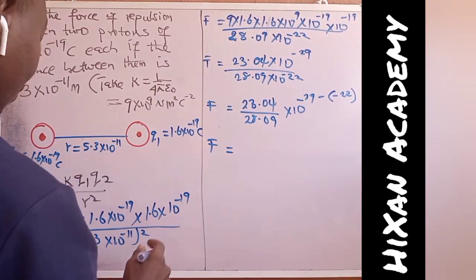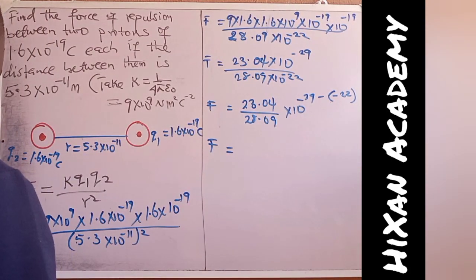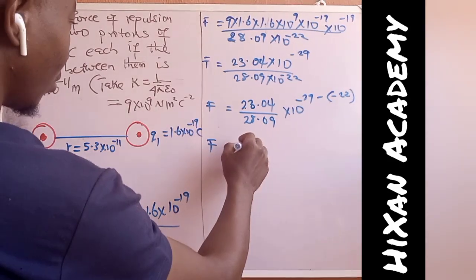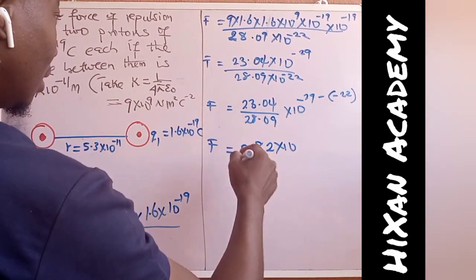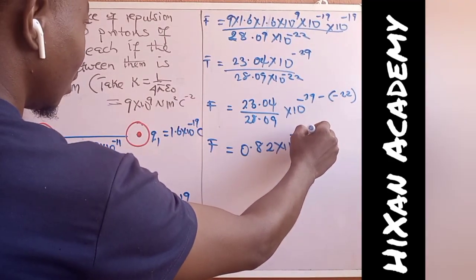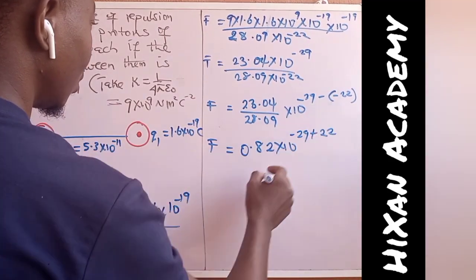So F will be 23.04 divided by 28.09. That gives us 0.82, then times 10 raised to the power, here will be negative 29, then plus 22.